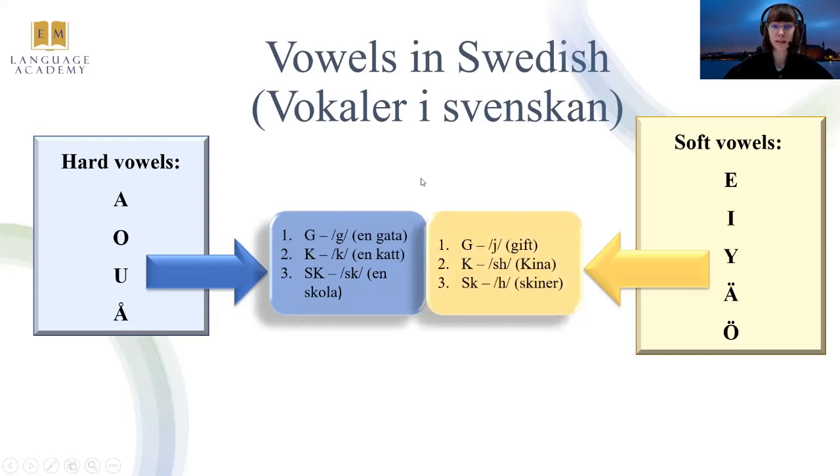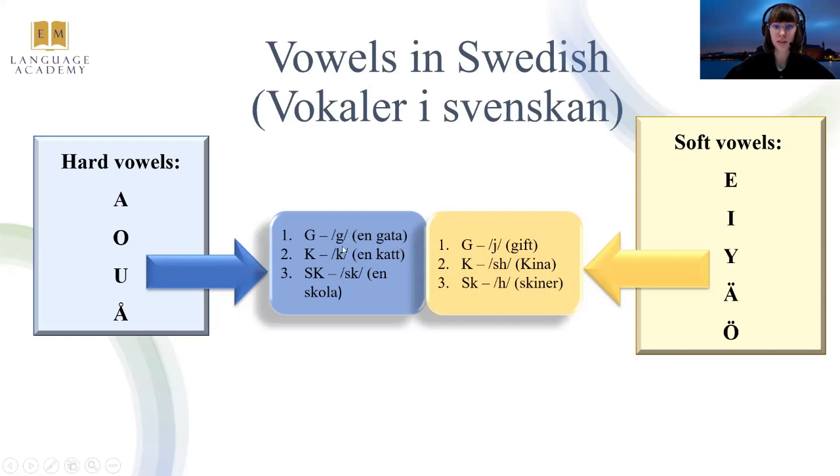Now, what we have to think about is the letters G, K, and the combination of letters SK, right? This is very important because the pronunciation of all of these letters changes based on the vowels that go after them, right? So when the letter G stands before a hard vowel, for example, A in gata, it is pronounced as it is.